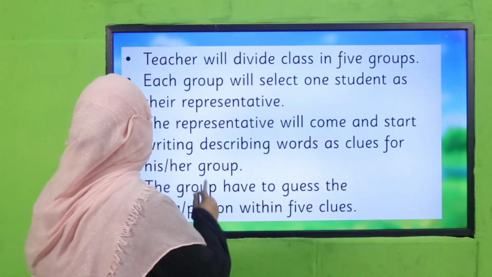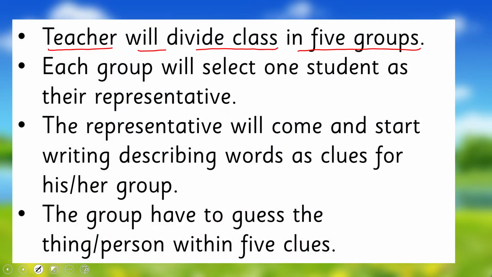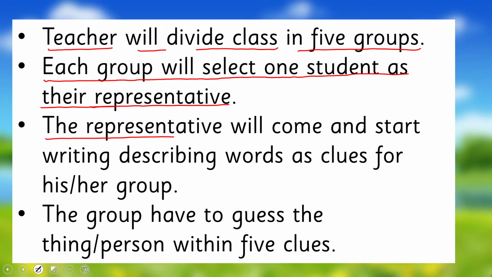So this interesting activity is like that. Your teacher will divide the class in 5 groups. Each group will select 1 student as their representative. The representative will come and start writing describing words as clues for his or her group.